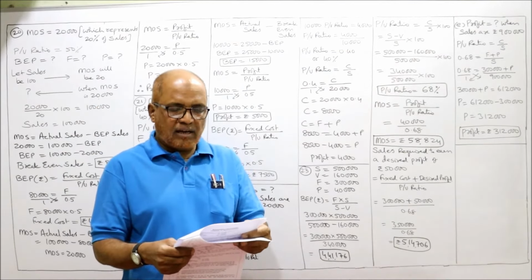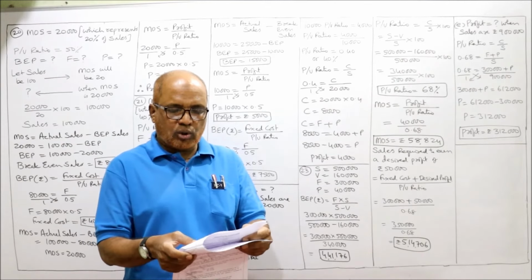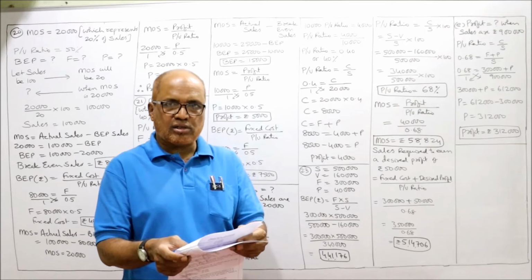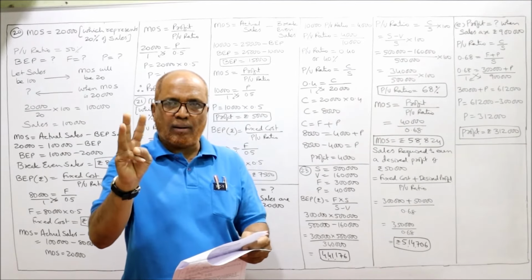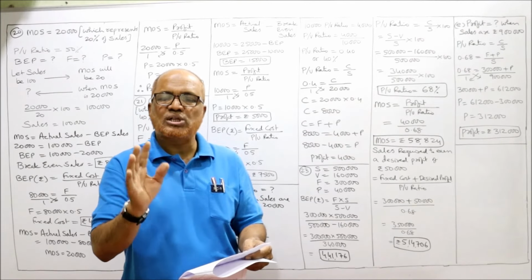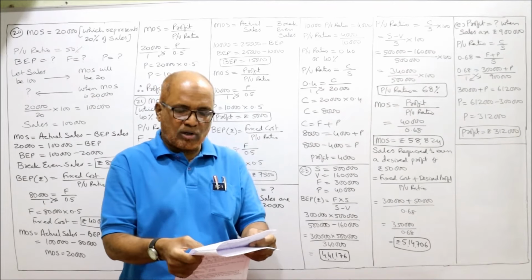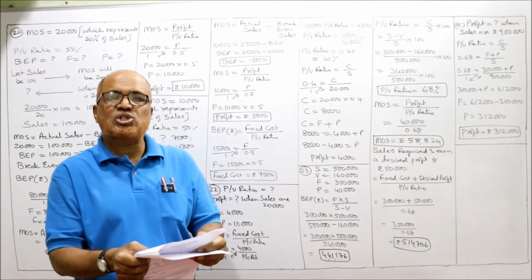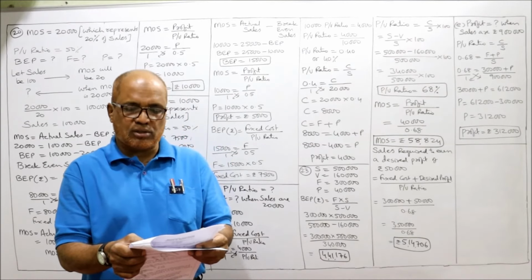Cost: material 1 lakh, labor 50,000, direct expenses 10,000. So the total is 1,60,000. If you combine these three, material, labor and direct expenses, it is called variable cost. So variable cost is 1,60,000. Fixed cost is 3 lakh and profit is 40,000.